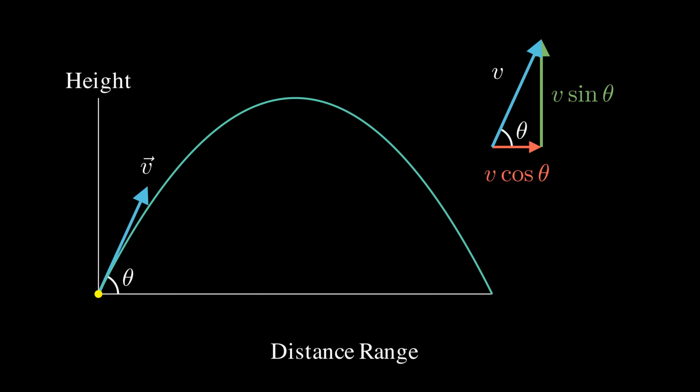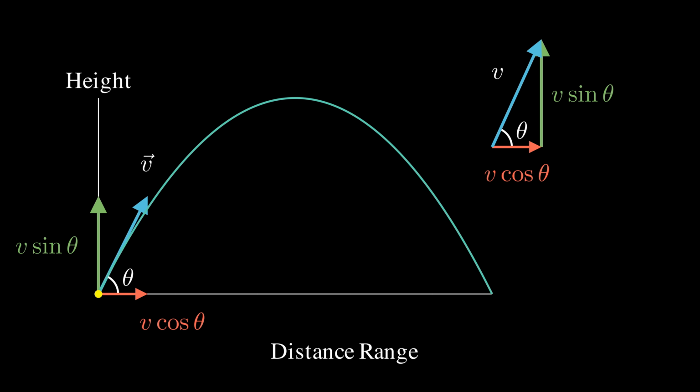To understand that, let's see how the particle's velocity is changing throughout the journey on this parabolic path. Here, splitting the velocity vector into vx and vy will make our analysis easier. Why? Because gravity is pulling the particle downwards, it won't affect the horizontal part of the velocity.